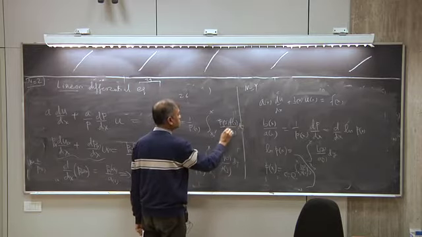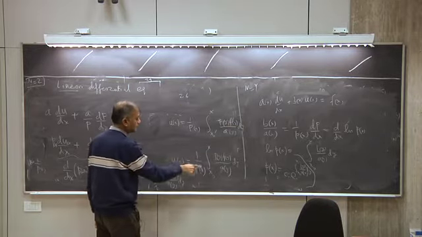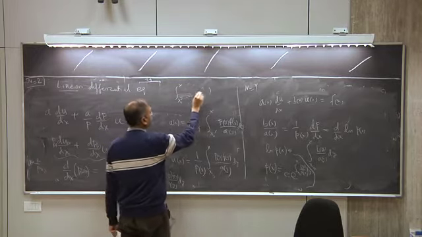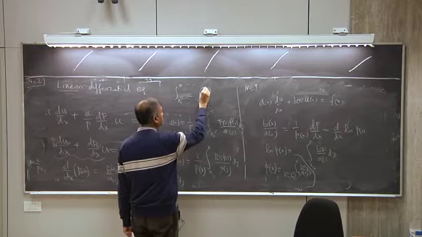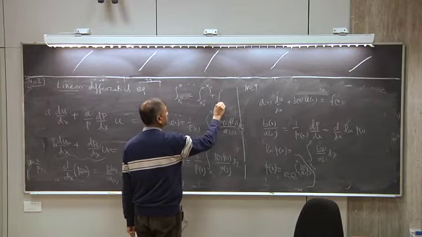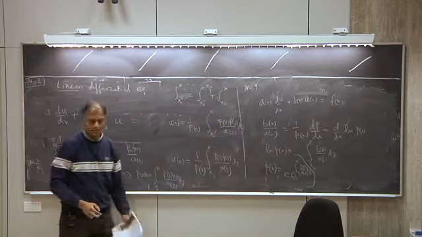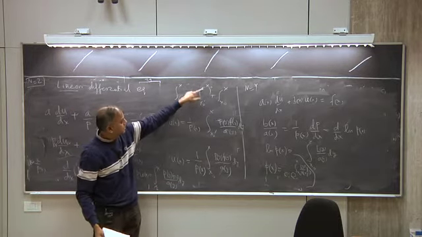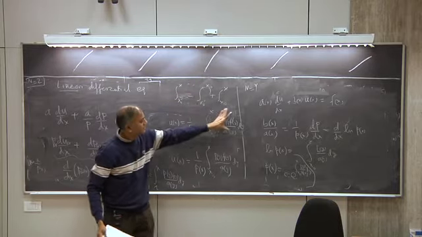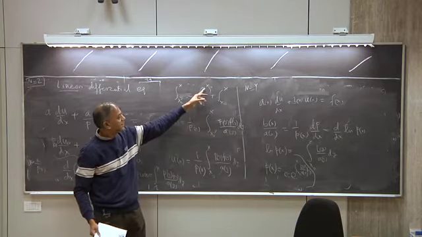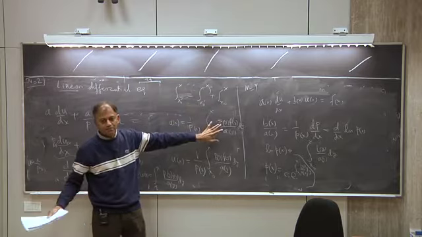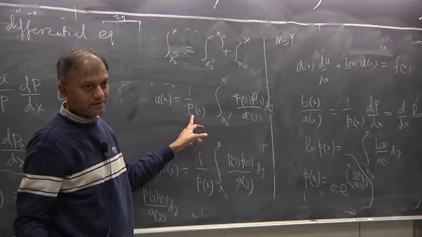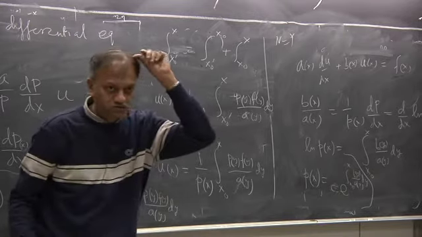I can write this integral from x naught prime to x as the integral from x naught prime to x naught, and then plus x naught to x. This part gives you back this solution, right? But from here to here, whatever the result of the integral is will not depend on x. So it is going to be some number, so some number divided by p of x. That is a homogeneous solution. 1 over p of x is the homogeneous solution.